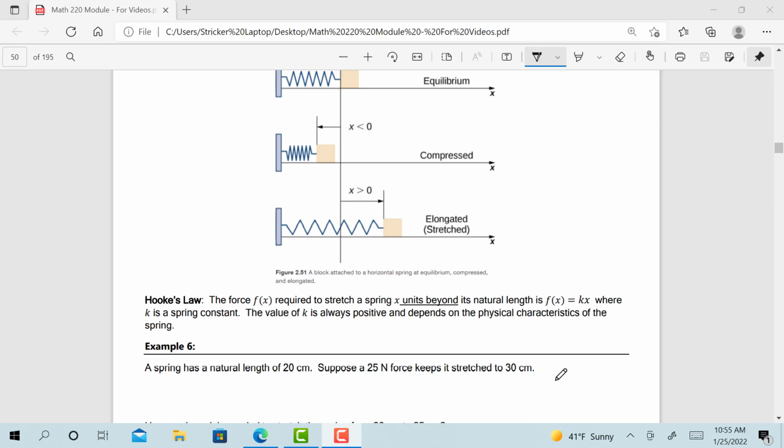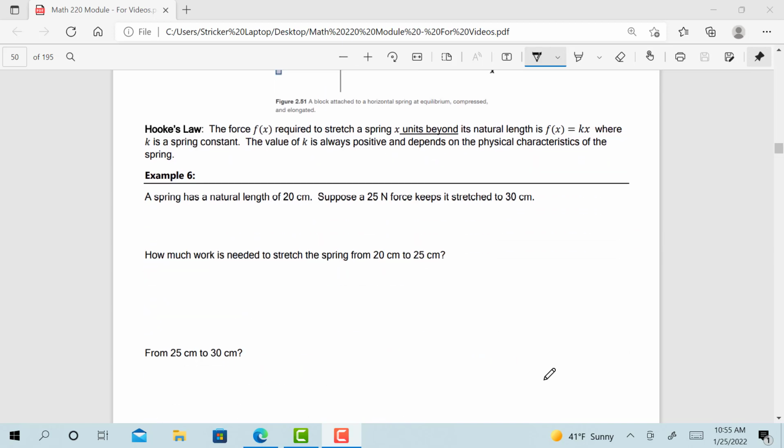So k is going to be a different value depending on how stiff or relaxed the spring is. The value of k is always positive, and it depends on the physical characteristics of the spring. We have example 6 here we're going to take a look at.